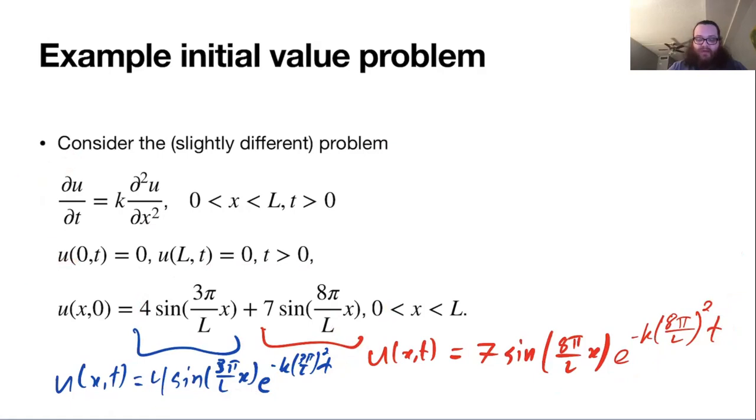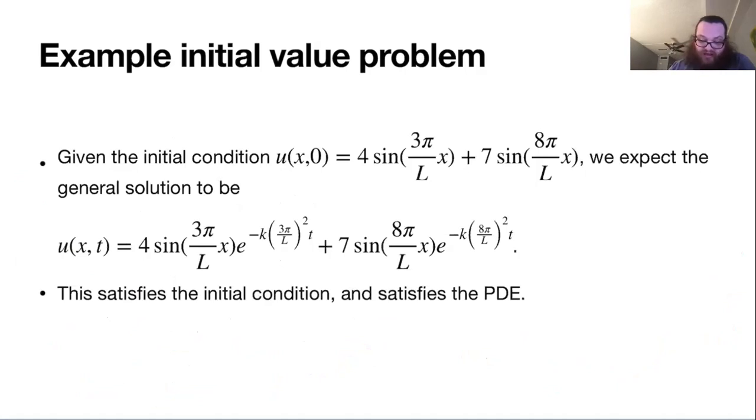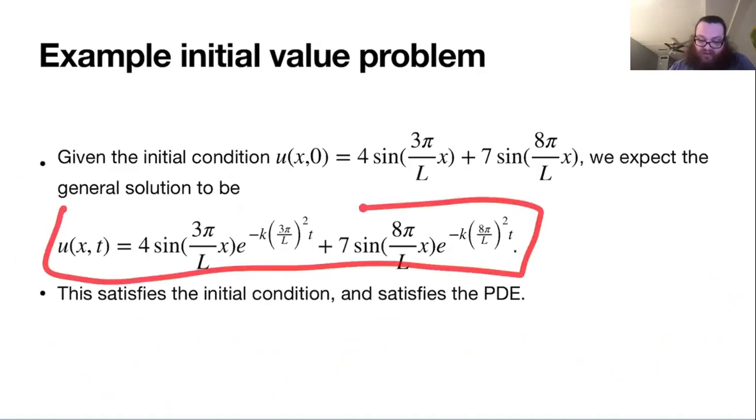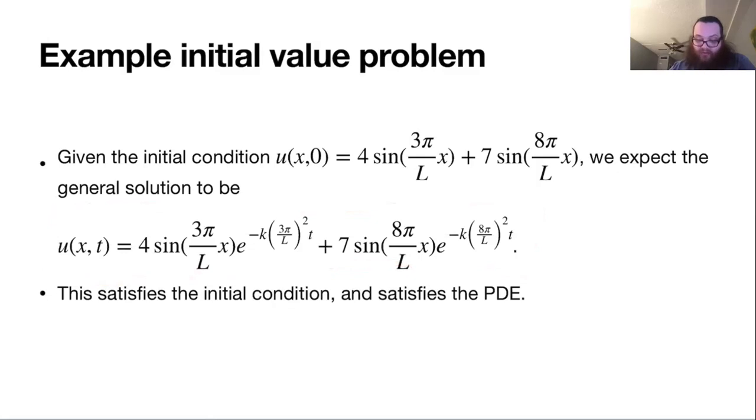And if you plug in t equals 0, we see that the sum also satisfies this initial condition. So the solution to this slightly different problem is going to be exactly this expression right here, because it solves the PDE, satisfies the boundary conditions, and satisfies the initial condition.